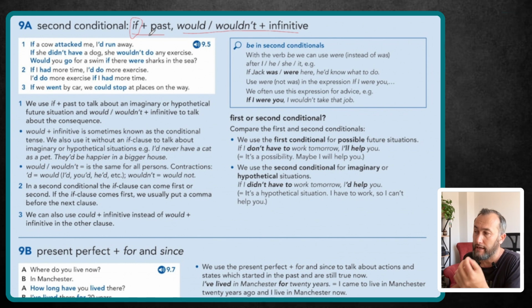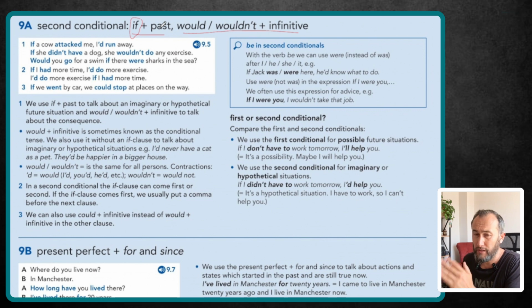So let's say in the if part, we're going to use the past simple form of a verb. When I say past, we're talking about the verb here. That verb has to be used in past simple form. Okay, guys? Can I use it in past continuous? Yes, you can. What about past perfect?